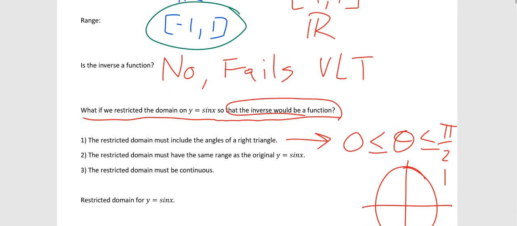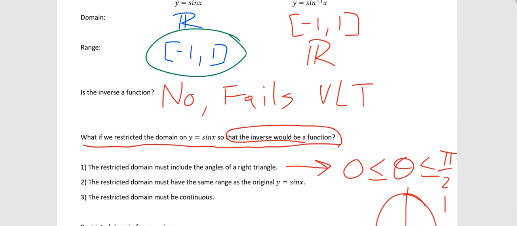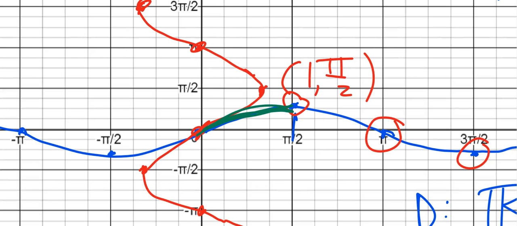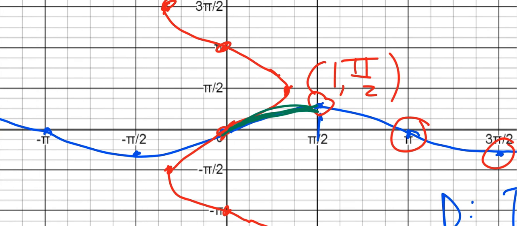And the third criteria that we look at, the restricted domain must be continuous. Now, if it's got to be continuous, suppose I decided to add this part right here.